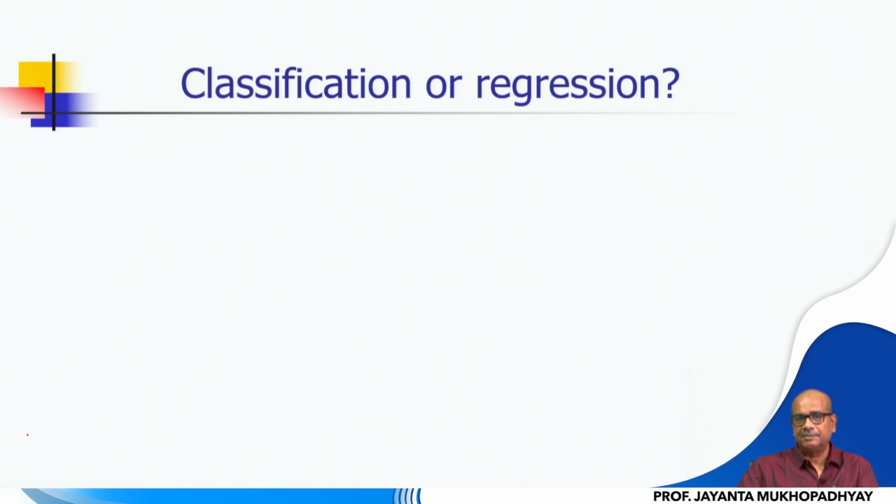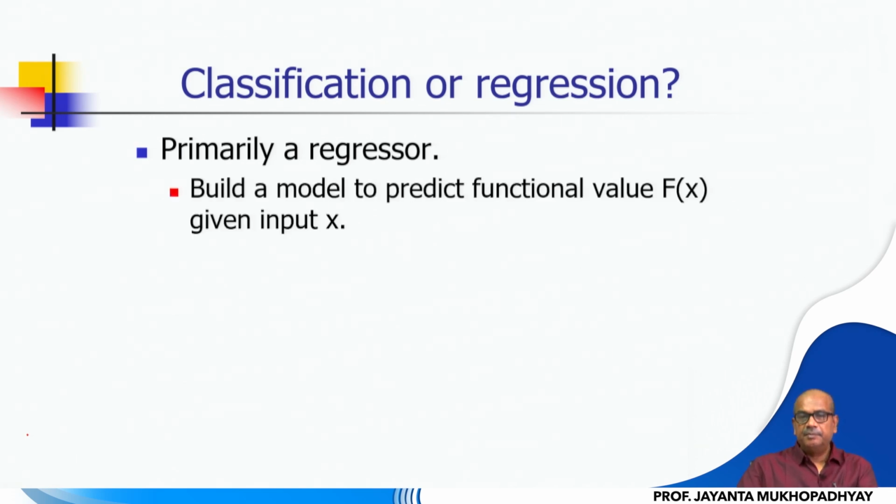Basically, this is a regression problem, and for classification, we consider the absolute class indications there. As you have seen, this neural network is giving values in the real domain, and naturally it is more suited to a regression problem. There are certain ways by which we convert it into a classification problem. We will see later on. But primarily it is a regressor, building a model to predict functional values given input x.